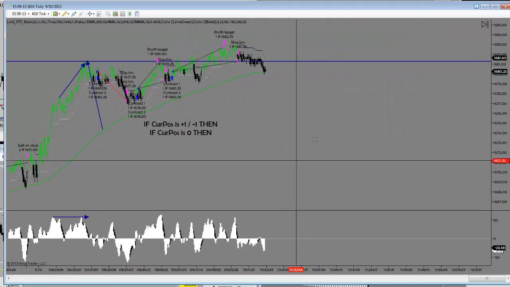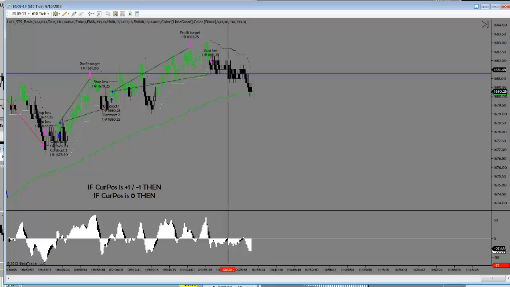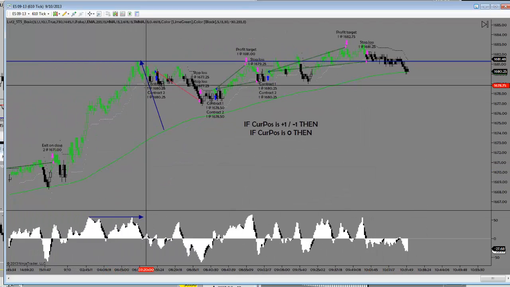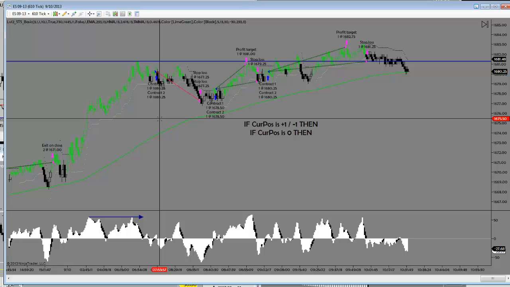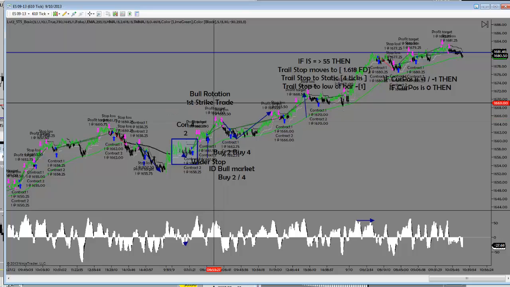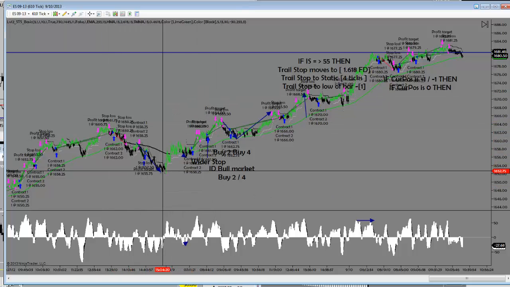Now you can see right here the market's pulled back down. So based on the strategy, here's what's happened today. And again, this is the massive continuation of this massive directional move. This is pretty unusual. Let me get rid of this. So you can see right here we were bearish.